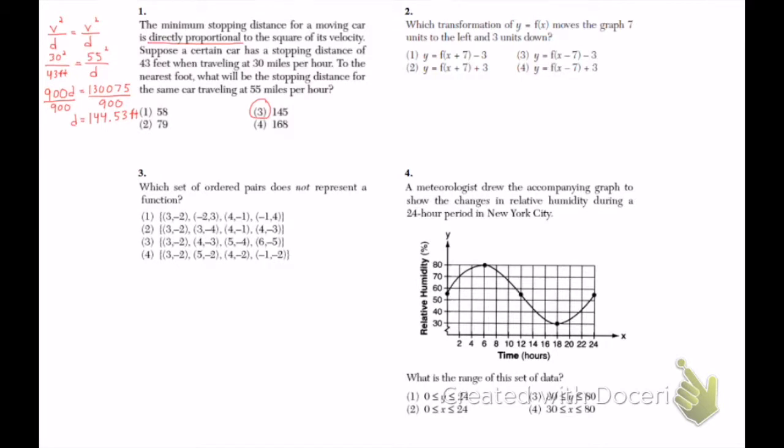Alright, for the next question, number 2, which transformation of y equals f of x moves the graph 7 units to the left and 3 units down?